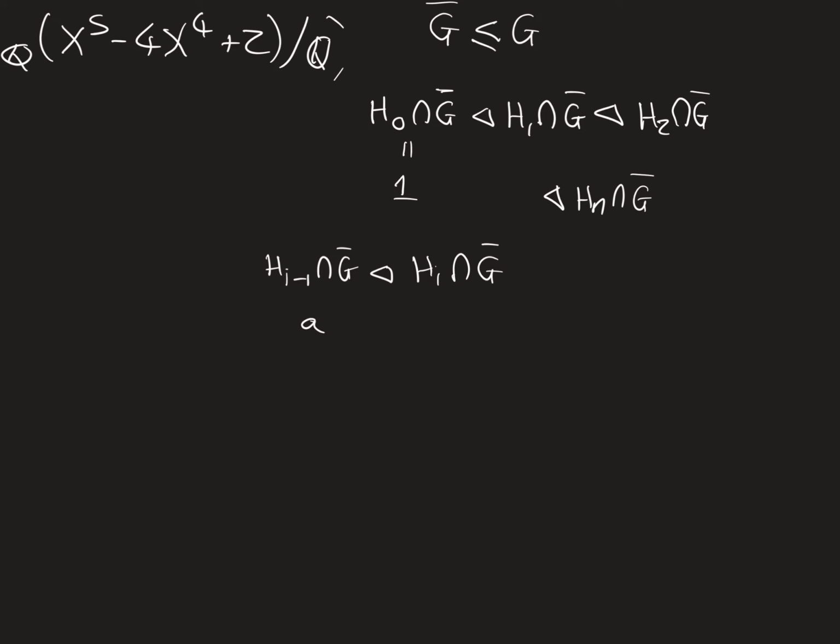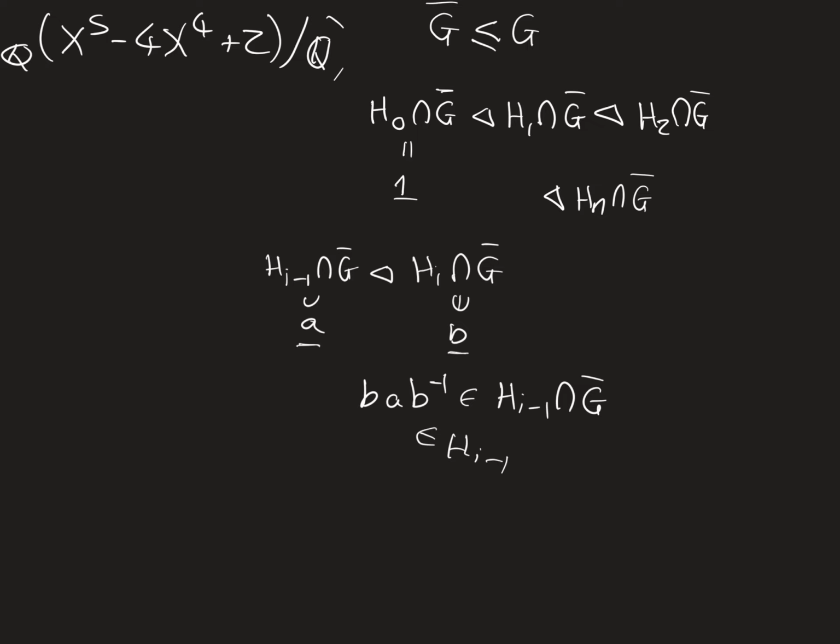So if I take an element here, let's call it A, and take an element here, let's call it B, I need to prove that B A B inverse is an element of H(i-1) intersect G bar. Because H(i-1) is normal inside Hi, and A is certainly in H(i-1) and B is certainly in Hi, I can say immediately that this is inside H(i-1).